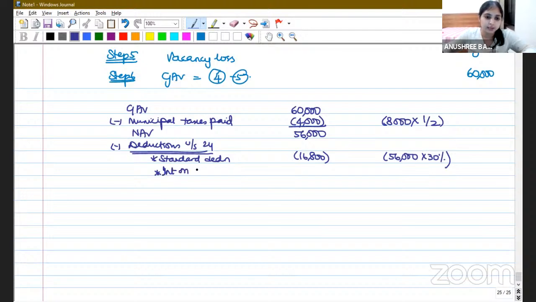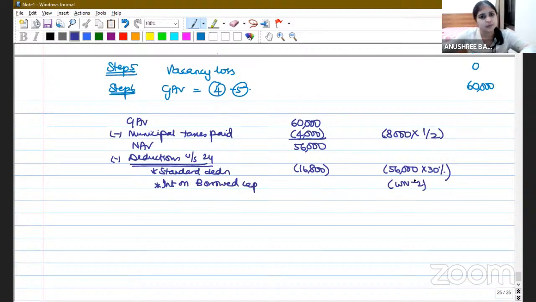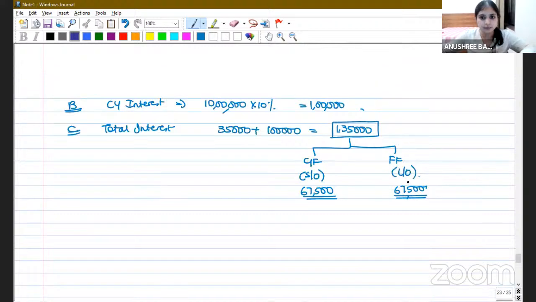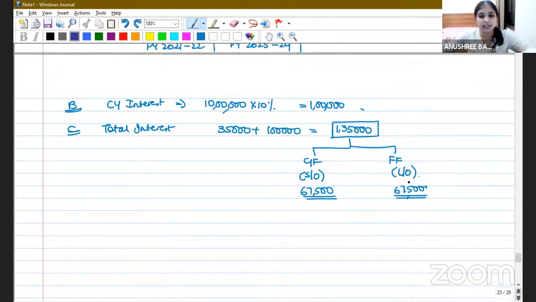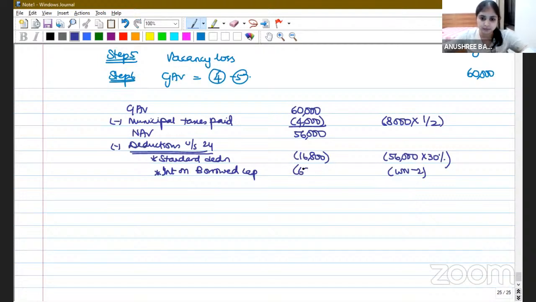Then we will have interest on borrowed capital. Give reference to working note number 2. We have already calculated. How much did we calculate for the let out property? 67,500. That is all. What is the net number you get? You get a loss of 28,300.